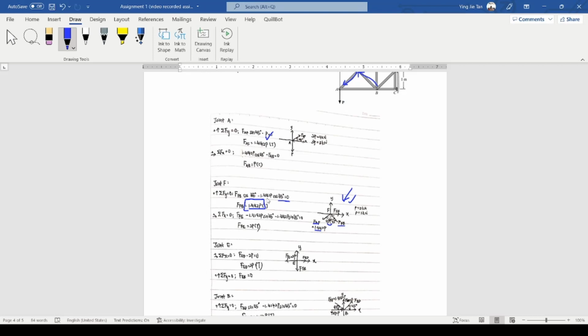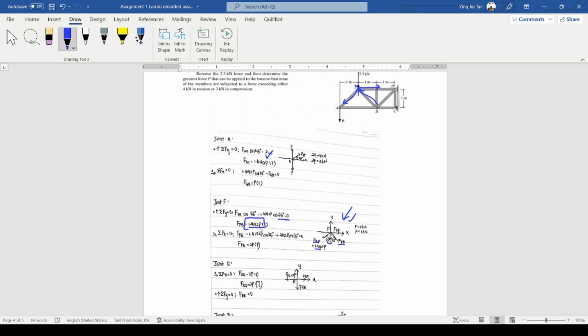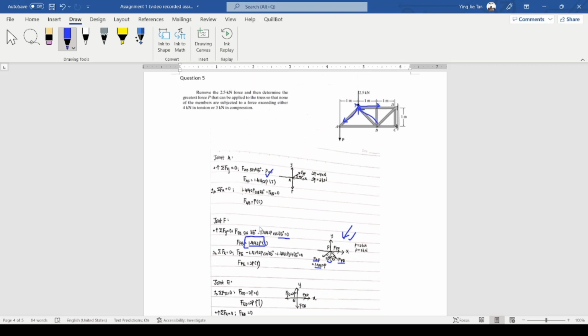So this one is tension now. And then after that, we will get, sorry, this one is not, yeah, it's tension, sorry. So this one is tension, this one is compression.